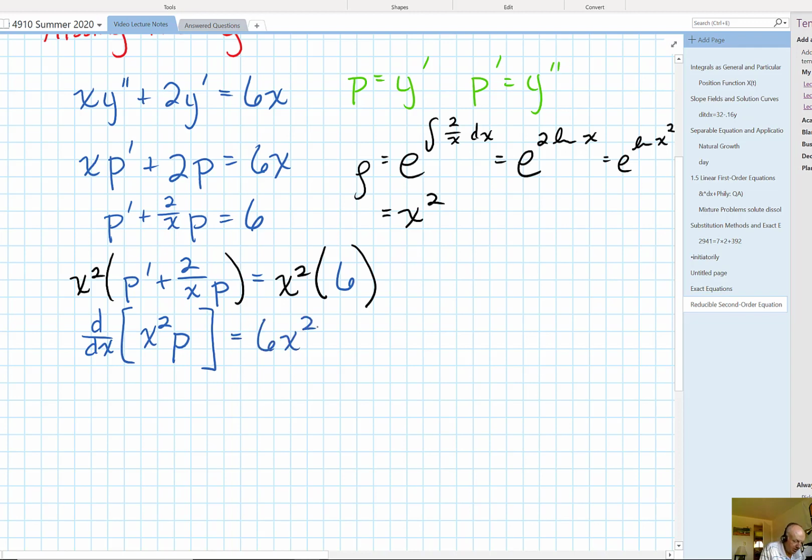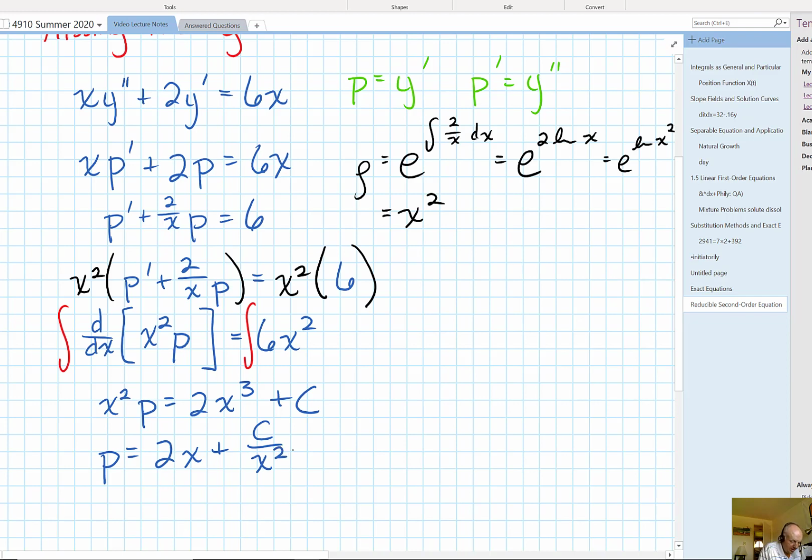If I want to solve that, I will just integrate both sides. That leads me to x squared p equals 2x cubed plus c. And then dividing everything across, we get p equals 2x plus c over x squared.